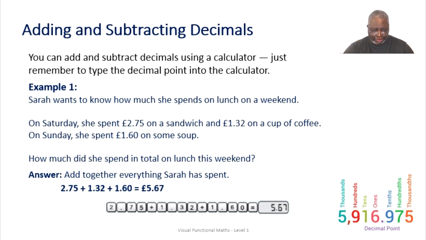And in the notation at the bottom, you will see how you put them on the calculator: 2.75 plus 1.32 plus 1.60, and then you press your equal sign and it will give you the answer. It's worth knowing that calculators always function in decimals, so bear that in mind. They will come in very useful.